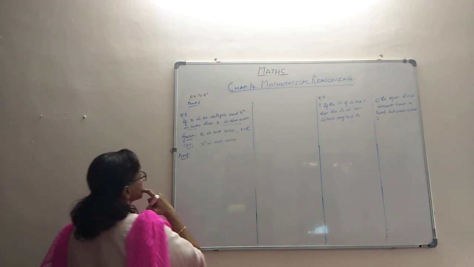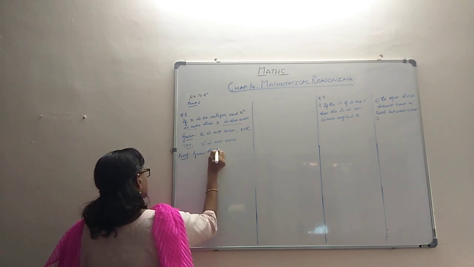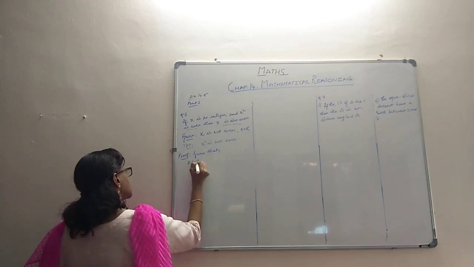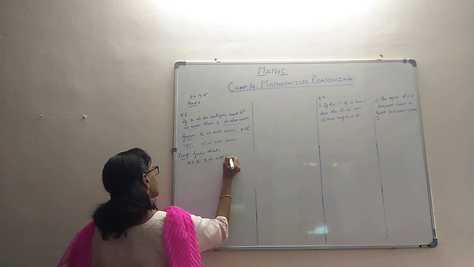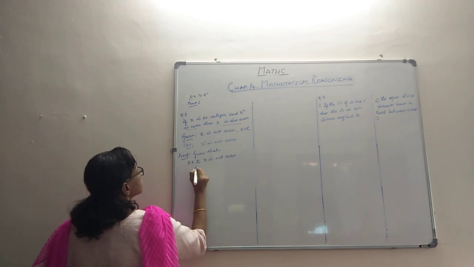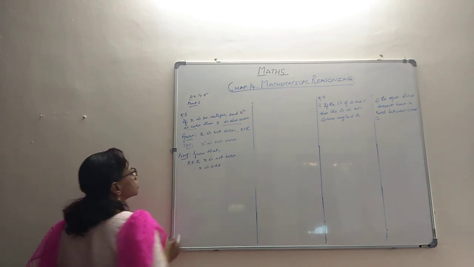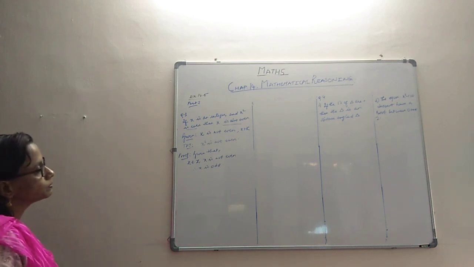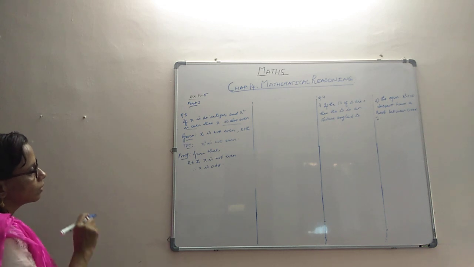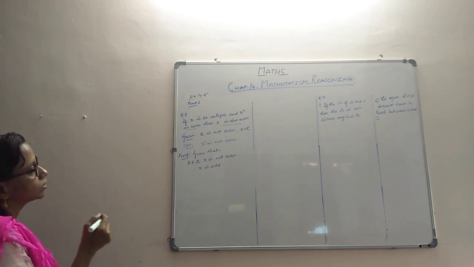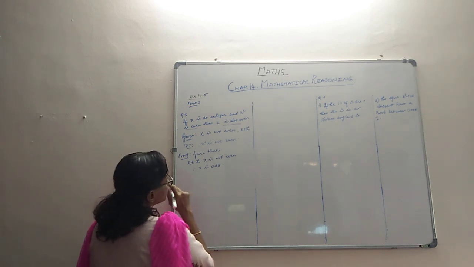Given that x is an integer and x is not even, therefore x is odd. Then now x is odd.